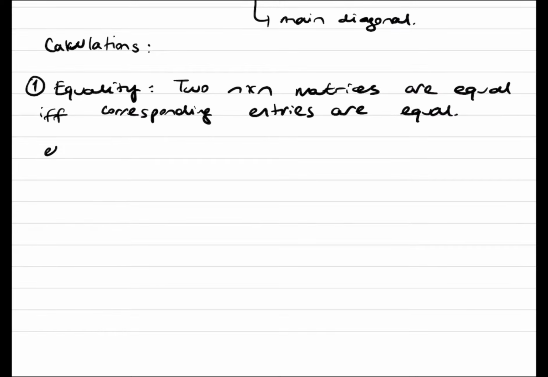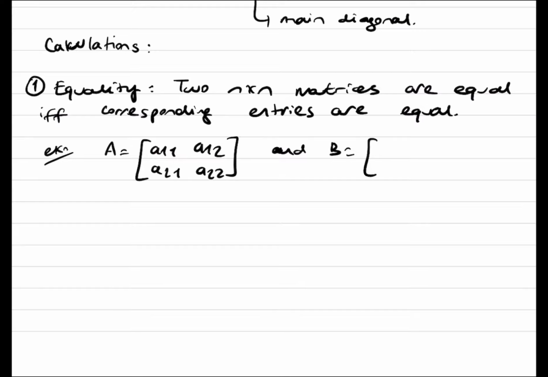Let's give an example. For example, if we have A with entries a11, a12, a21, a22, a 2 by 2 matrix, and B is equal to b11, b12, b21, b22.